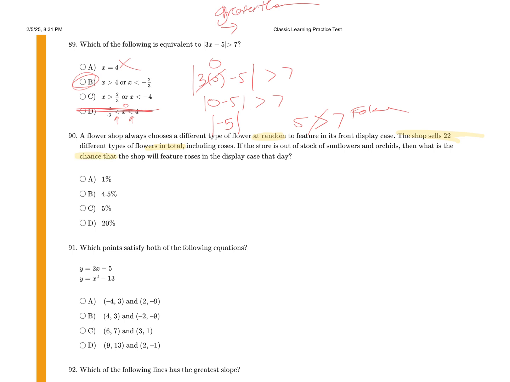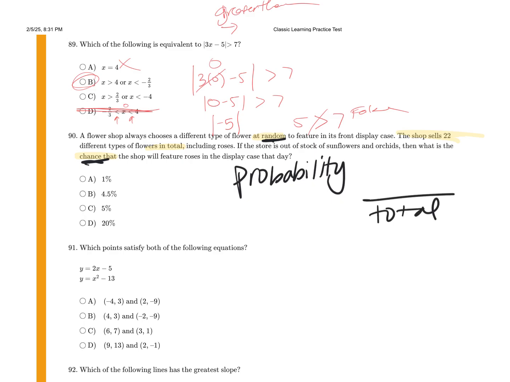So this is a probability question like the one we did before. How do I know it's probability? Because it has words like random and what are the chances of picking something. So when it comes to probability, we need a total in the denominator. And in the numerator, we put what we're trying to select. In this case, we want to select roses.